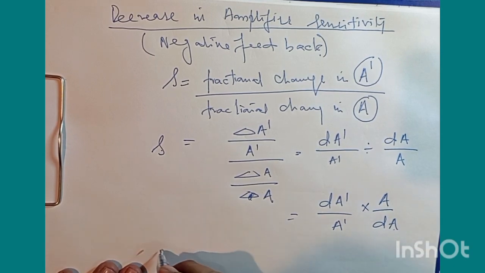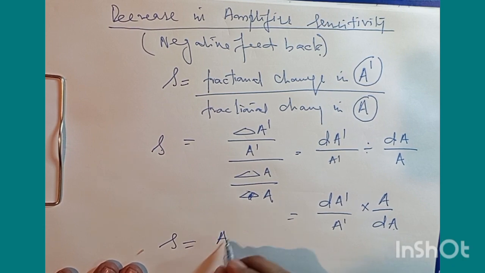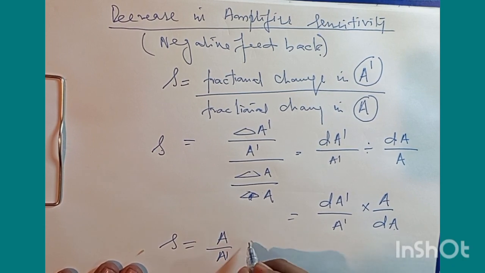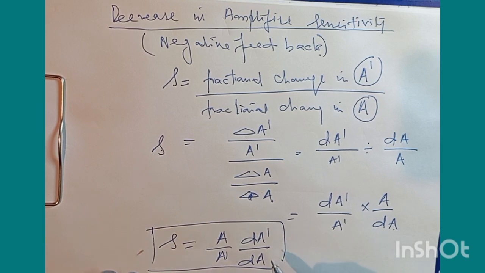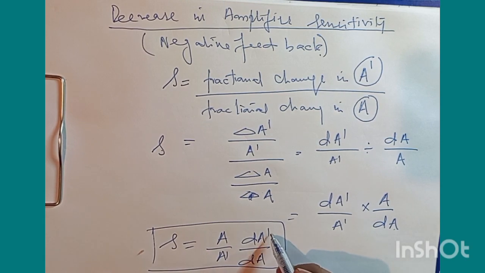So I can say that this sensitivity is A by A dash times dA dash by dA. So here we can see that we are supposed to differentiate A dash with respect to A, right?